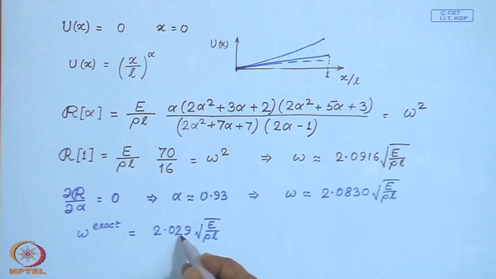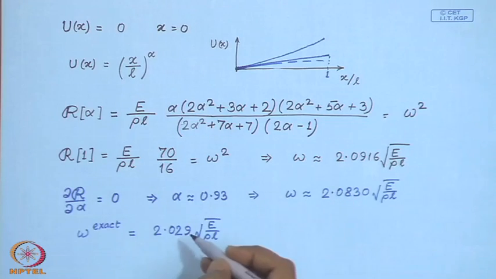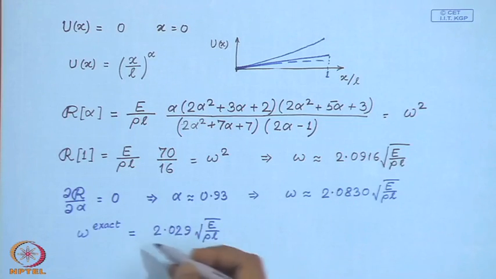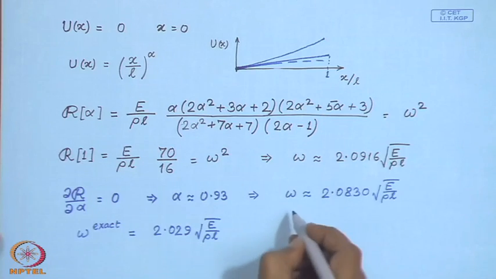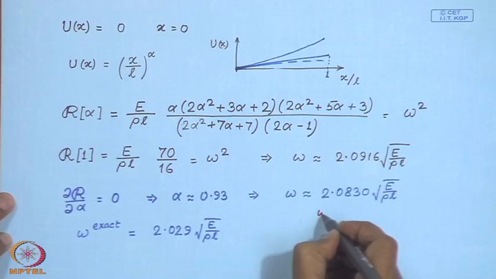So, this is still lower, as you can see that this is higher than the exact, but they are quite close. This is within 3% of the exact.